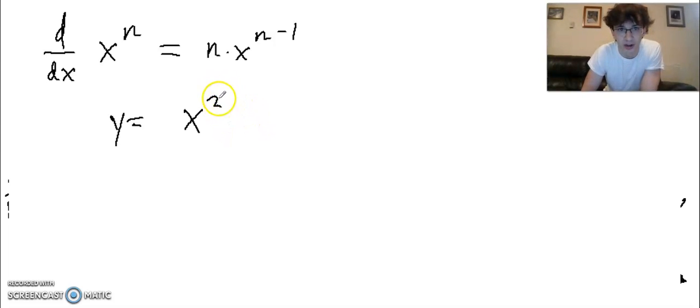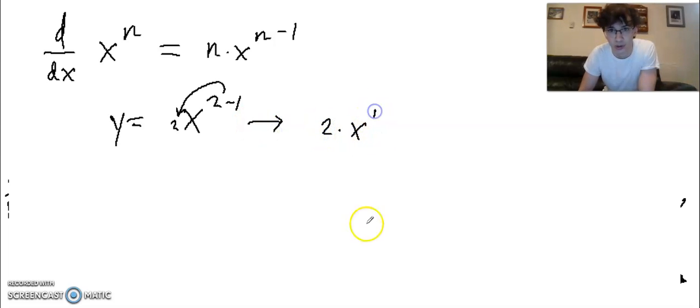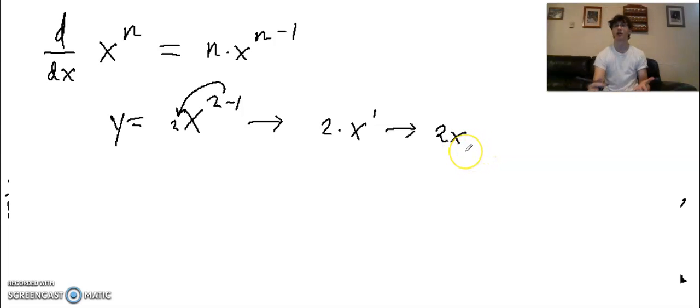Our n right here is 2. So we multiply the 2 out in front and we subtract 1. So we end up getting 2 times x to the first power. And x to the first power is just x. So we get 2x. And verified in our first video, the derivative of x squared does equal 2x.